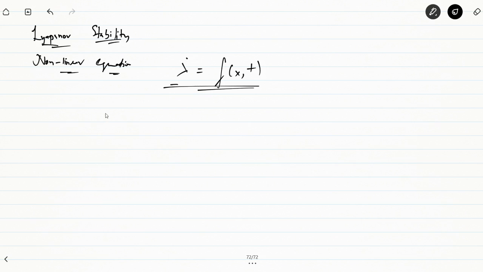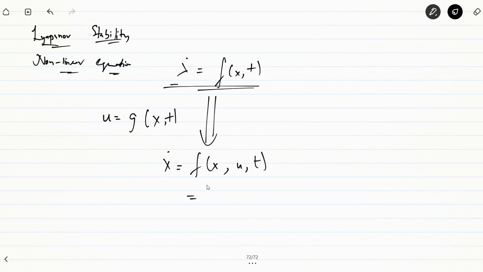So there will be a control law associated with this system, and that law may or may not be a nonlinear function of your state vectors. Fine. So ultimately your closed loop system model will become x dot equal to f of x, u, t, where u will itself be a function of your state vectors and time.